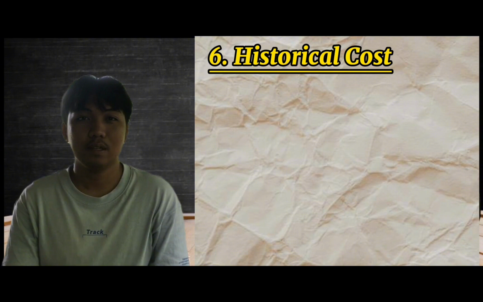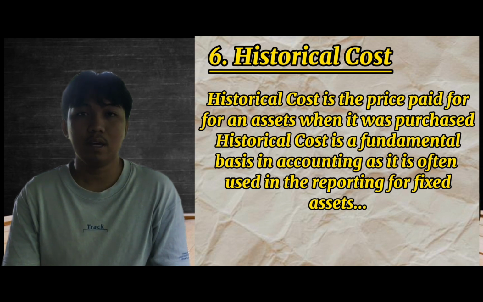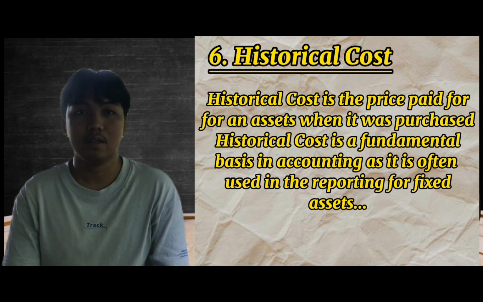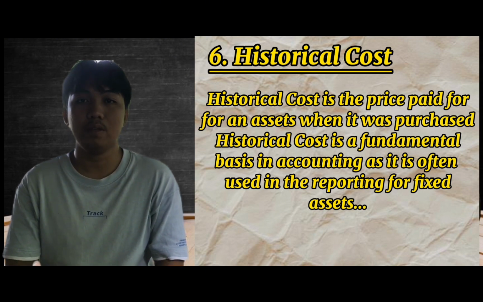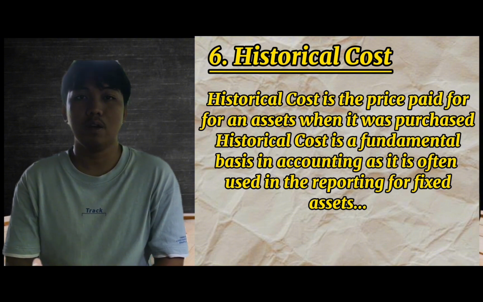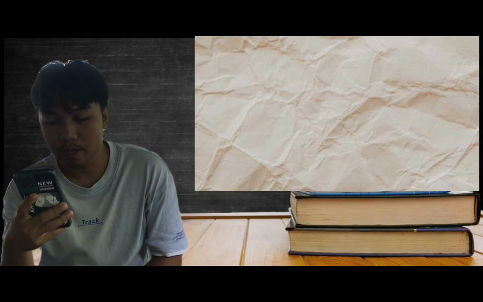Number 6, historical cost. Historical cost is the price paid for an asset when it was purchased. Historical cost is a fundamental basis in accounting as it is often used in the reporting of fixed assets.